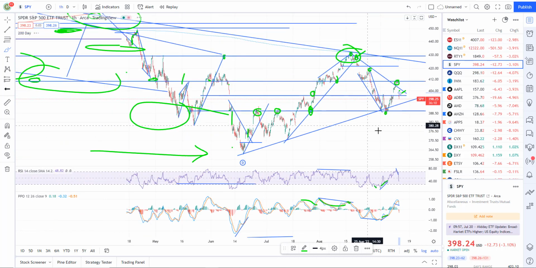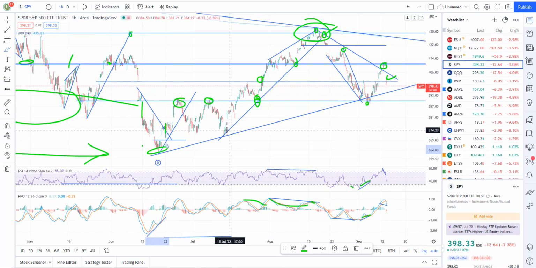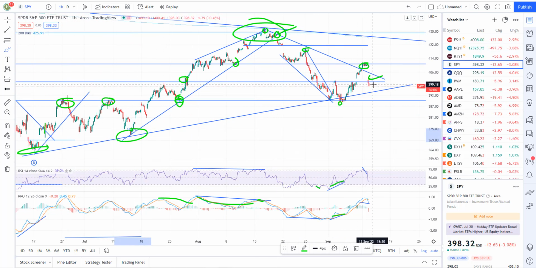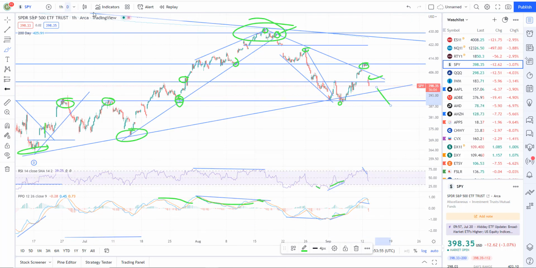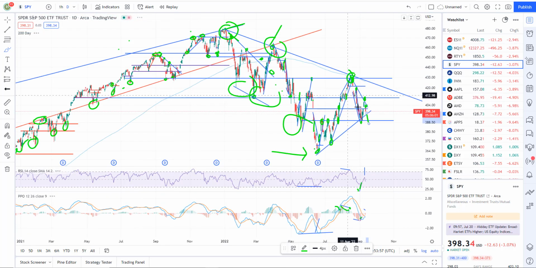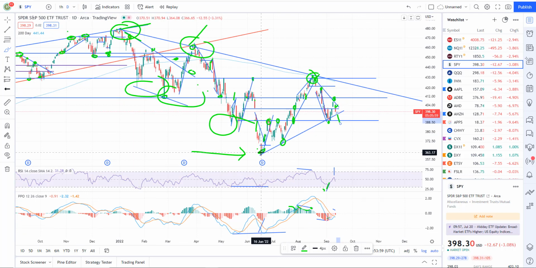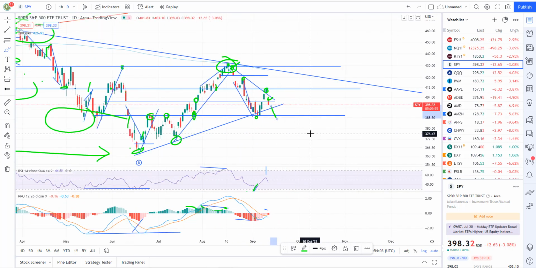But again, this is the uptrend line. This is the rally in SPY. You break that, you're most likely setting up for the next leg lower. Flipping over to the daily chart, this is what it looks like. We started the rally back in mid-June. Okay, your bear market rally. The next sell signal for the bear market to continue would be an impulsive break of this trend line right here on this daily chart.